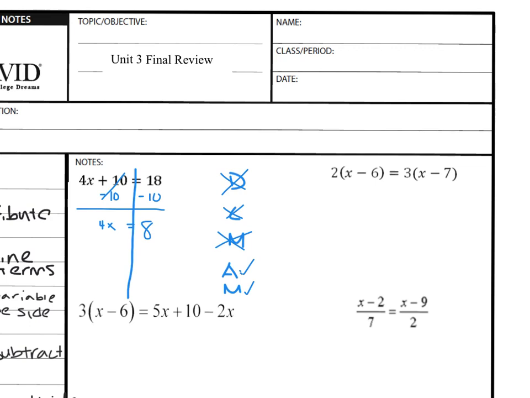If the 4 is being multiplied by the x right now, I will have to do the opposite of multiplication, so I'll have to divide by 4 on both sides. 4 divided by 4 is just 1, and I still have my x. So I would have 1x is equal to 8 divided by 4, which is 2. So x is equal to 2.